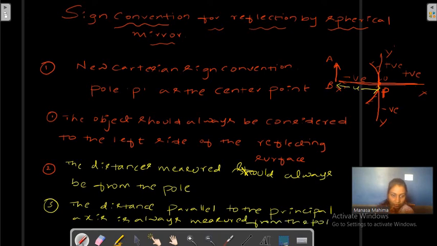Okay, this point you can write like this. Whatever point I mentioned as 2, you can write this as: the distances parallel to the principal axis are always measured from the pole. Okay, these are some of the rules, and still more are there that you have to know.